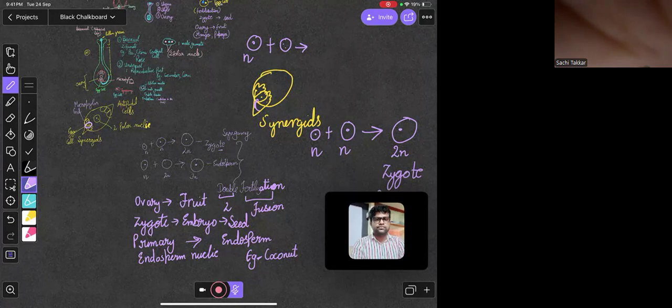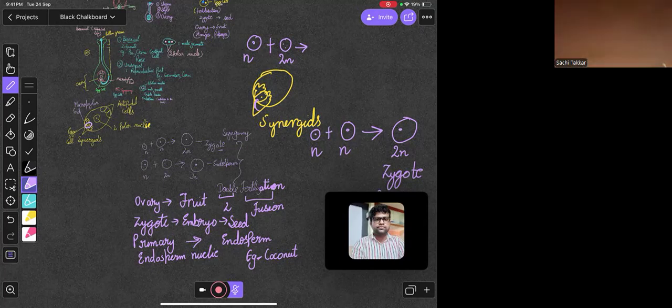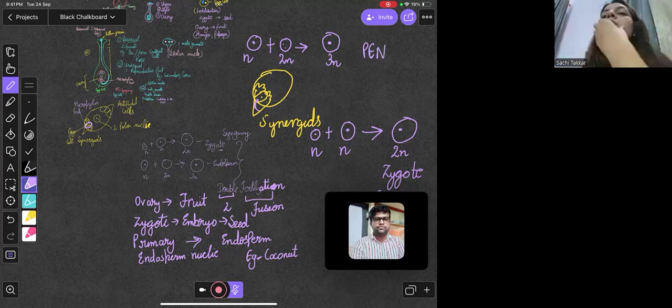So it is diploid, and when this male gamete fuses with this central cell, 2n plus n is 3n. This 3n structure is known as PEN, the primary endosperm nucleus.